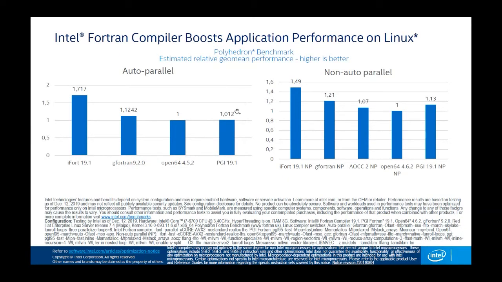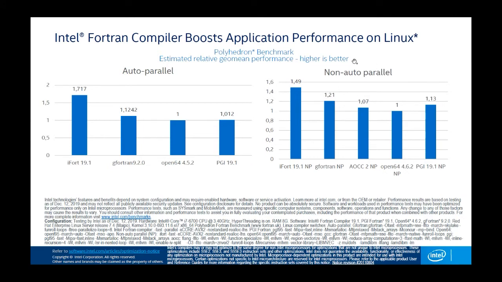along all the slides. For example, if we are using the Fortran compiler in case of using some application that can be automatically parallelized, we can obtain 71% of improvement if we are using the Intel Fortran compiler, in comparison with the GNU Fortran compiler or another type of compilers.